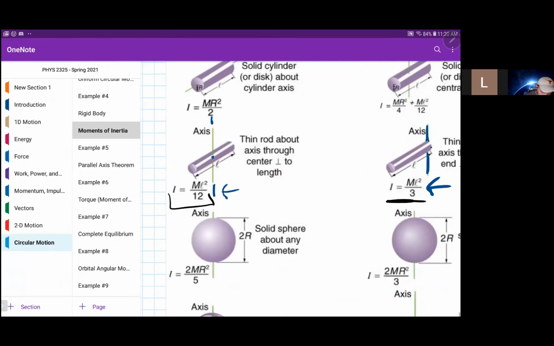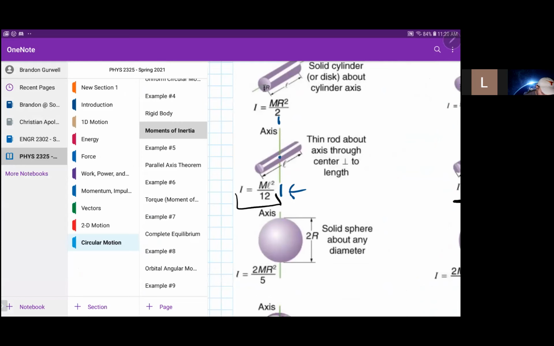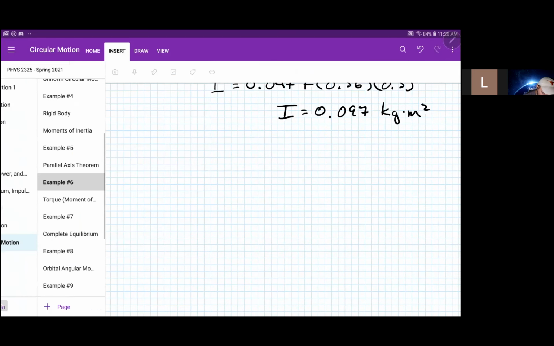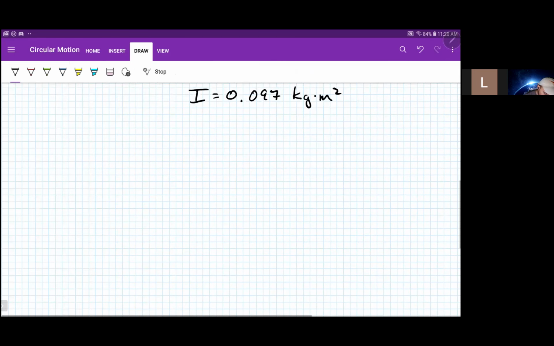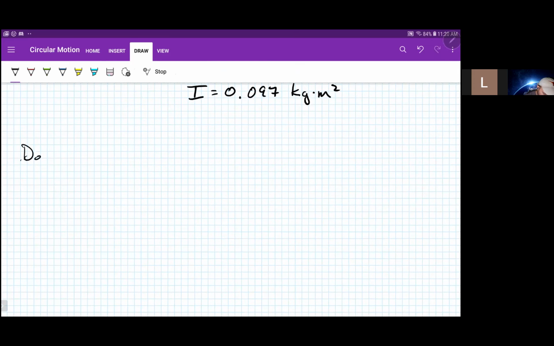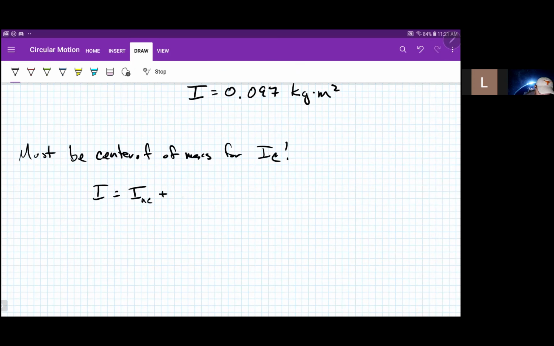I can tell you I don't think it's going to work. So let's say we use the other equation, I not C plus mk squared.